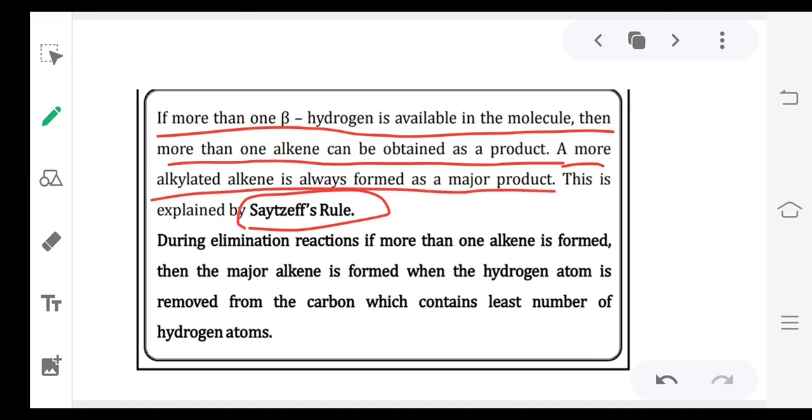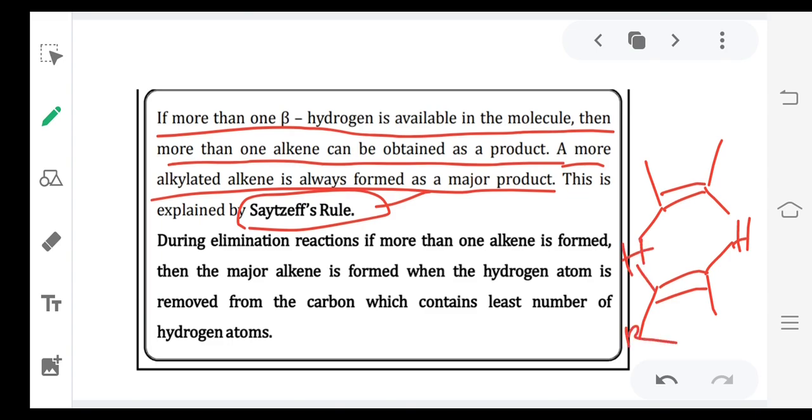This is explained by the Saytzeff rule. More alkylated alkene means, suppose there are 4 alkyl groups around the alkene, this is more stable compared to one where only 2 alkyl groups are there and 2 hydrogens. So here 2 alkyl groups, here 4 alkyl groups. Which is more stable? A more alkylated alkene is always more stable compared to a less alkylated alkene.